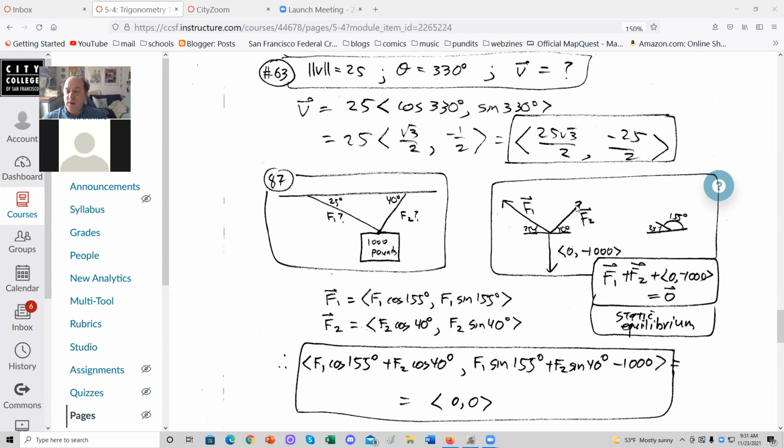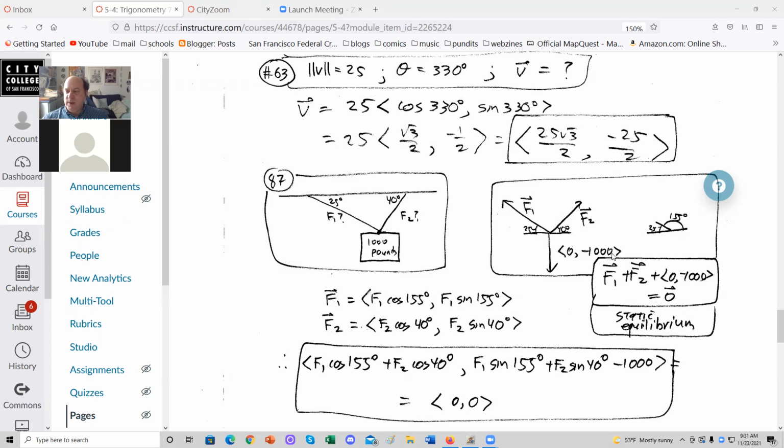Here we have F2 pointing upwards at an angle of 40 degrees. F1 is upwards to the left at an angle of 25 degrees. If this is 25, then this supplementary angle is 155, and we'll work from that. F1 plus F2 plus 0 by negative 1,000 equals the 0 vector. That's a static equilibrium rule.